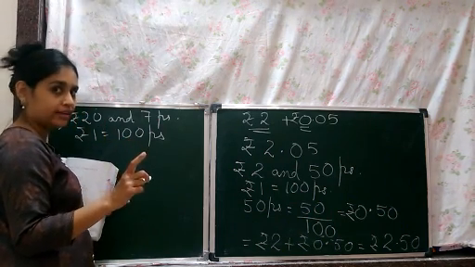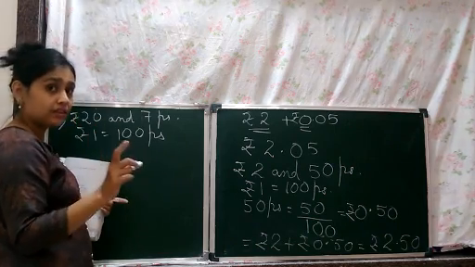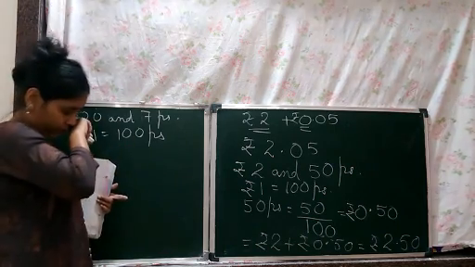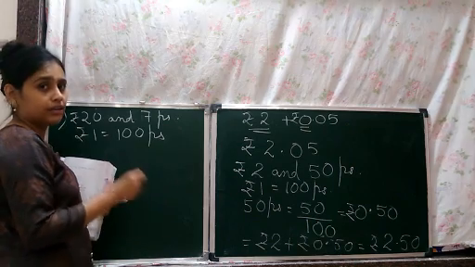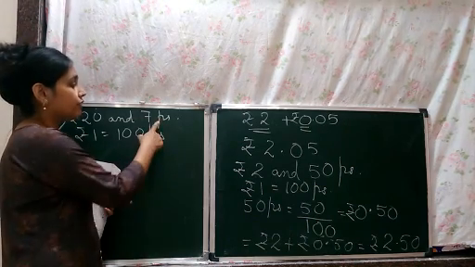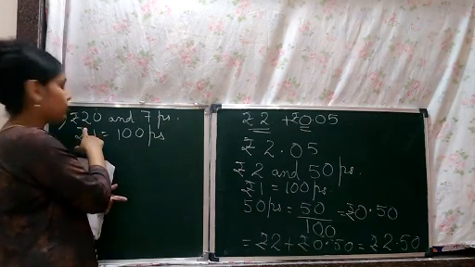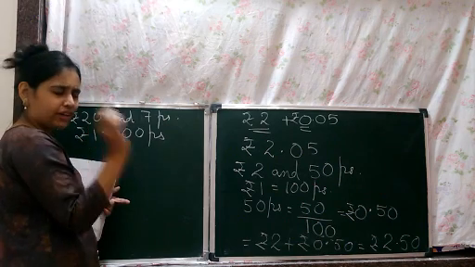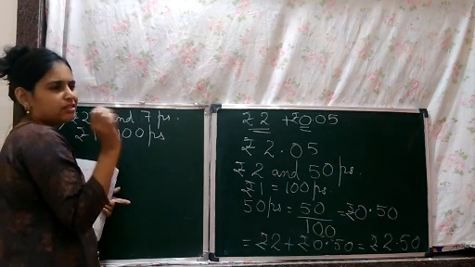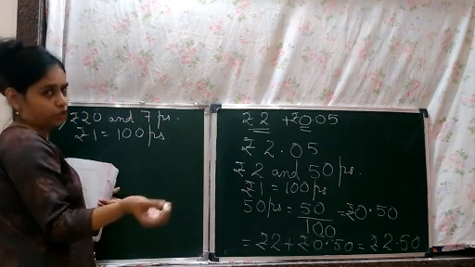I already told you, correct? So, always remember, whenever it is asked to convert into decimal, that means we will be converting the smaller unit into the bigger unit. It is a very, very simple concept, you can say.